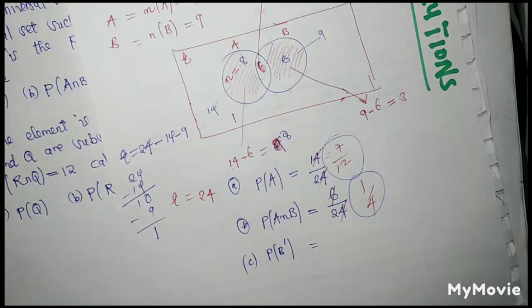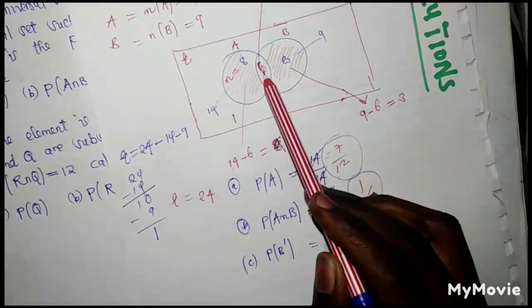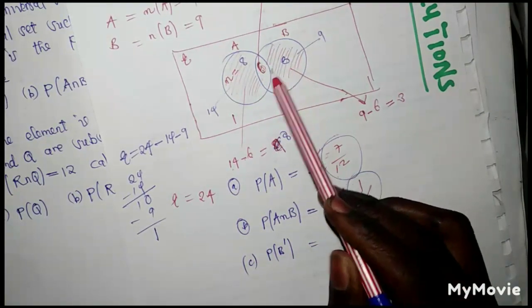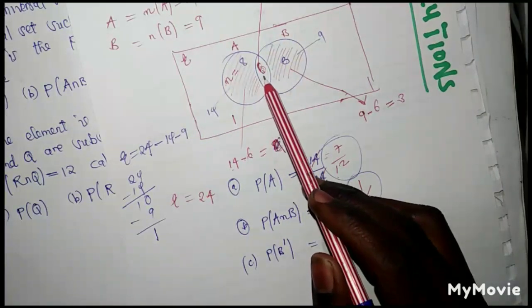Okay, so I hope you are getting what I'm trying to explain here. I'm trying my very best to explain to you. So what it means is that this plus this plus this adds up to 23.